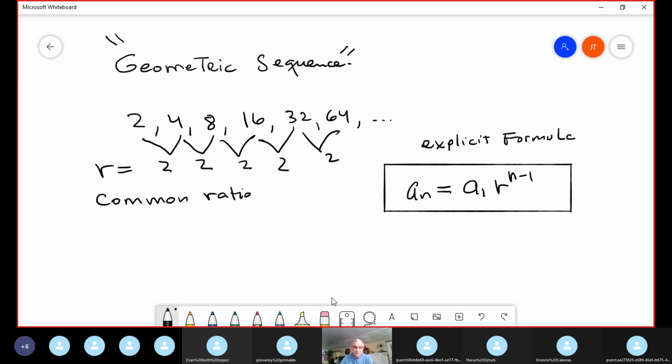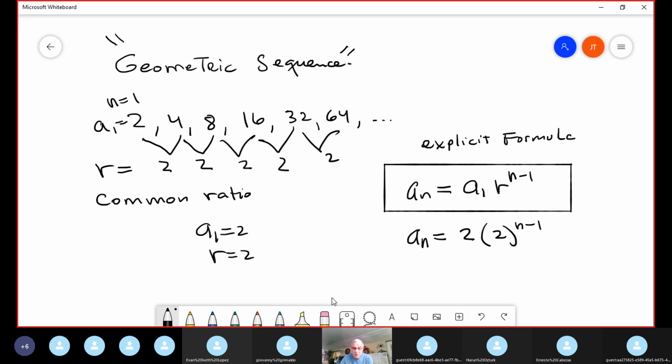In particular, for this example, A sub n is equal to A1, which is 2, the first term, for n equal 1, and the common ratio R is 2, to the n minus 1.